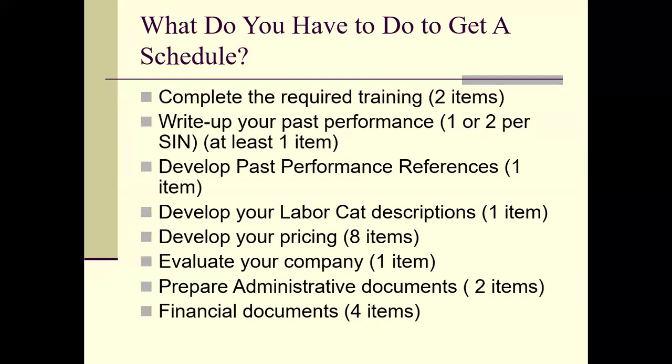You also have to evaluate your company. You have to say, what's my company experience? What have I done? How long have I been in business? Again, that 2-year time frame is required. And how do I operate? And what types of mechanisms do I use to operate in terms of my accounting and my finance?